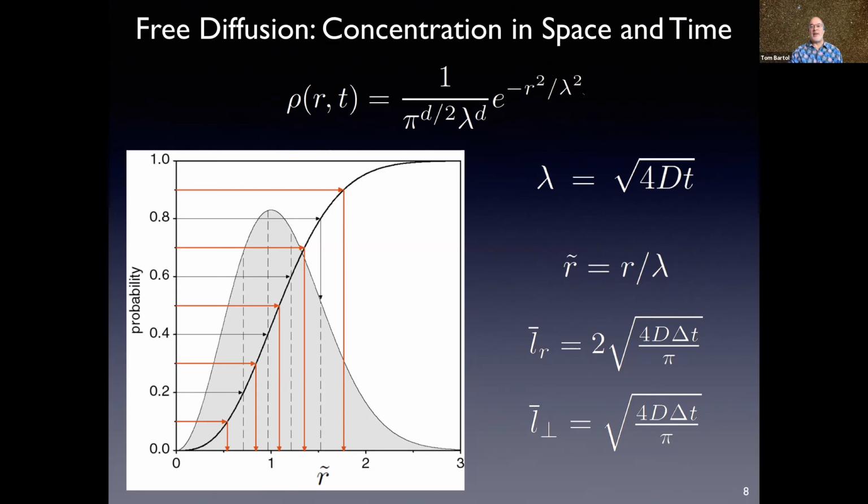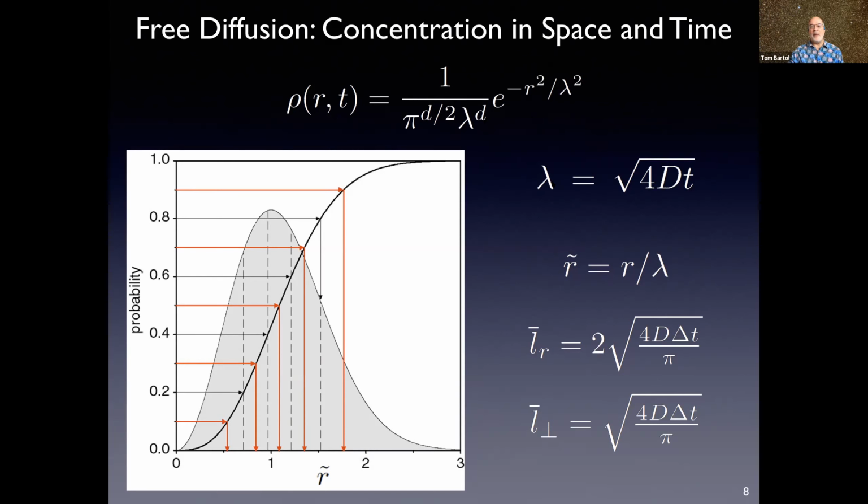And we can parameterize this equation according to a length constant scaling factor called lambda, which is square root of 4Dt.